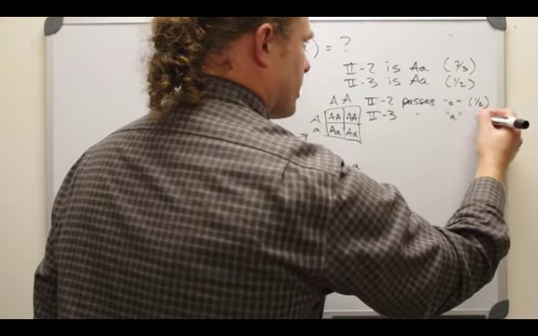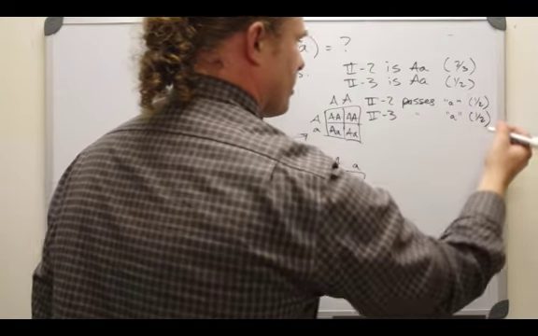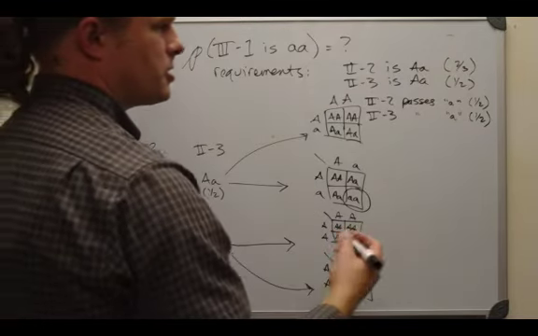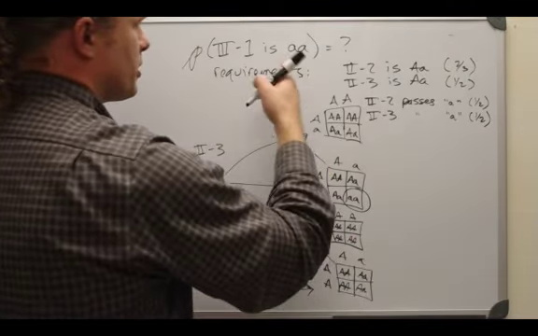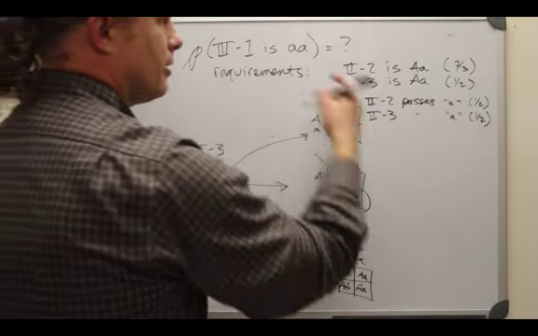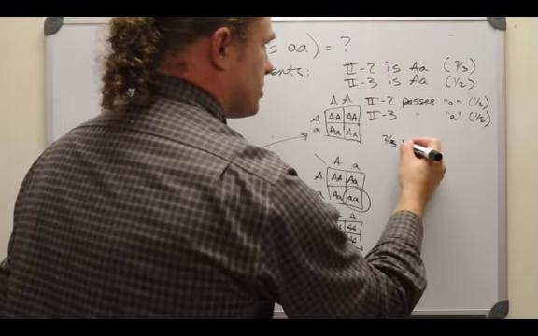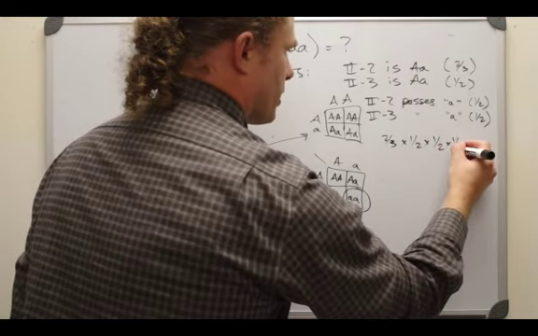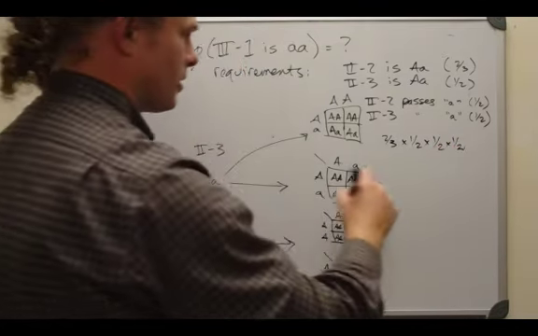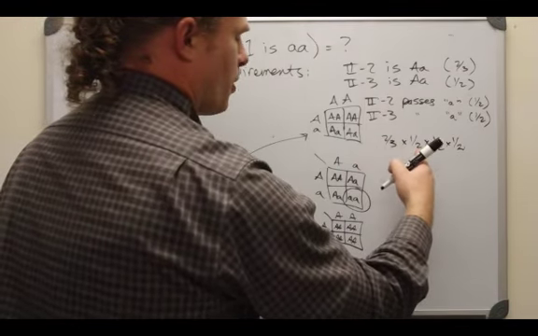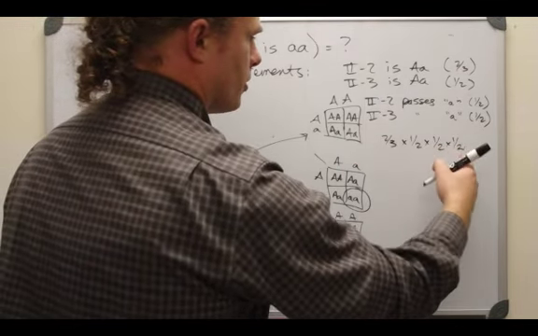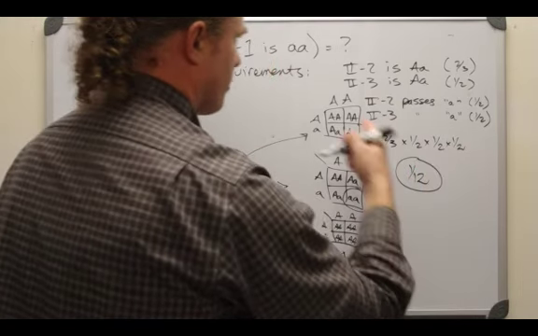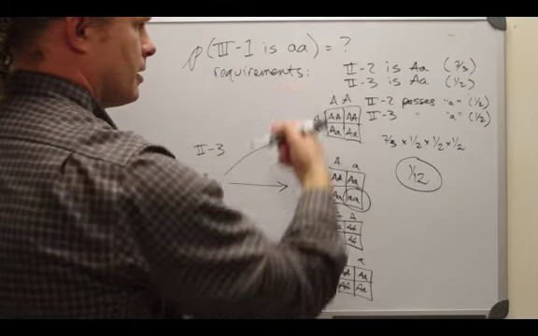This has a probability of 1/2. This has a probability of 1/2. And because we say and between each of these steps, the final probability for this individual to be little a, little a would be 2/3 times 1/2 times 1/2 times 1/2. Okay, so 2/3, 1/3, 1/6, 1/12 is our final answer for being little a, little a.